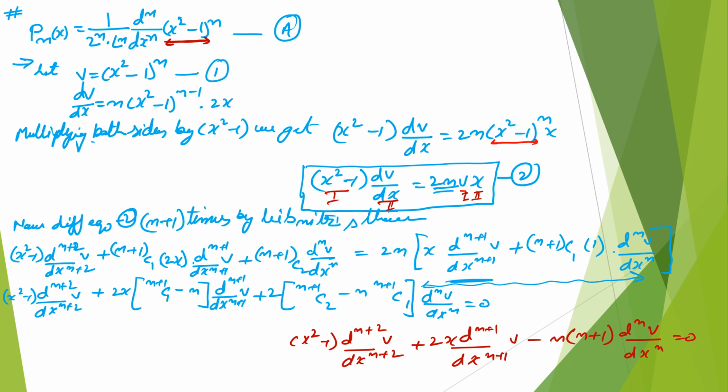Now we get this equation. Now if we assume d^n v over dx^n is equal to y in the previous equation, then we have (x square minus 1) d square y over dx square plus 2x dy over dx minus n (n plus 1) y is equal to 0.